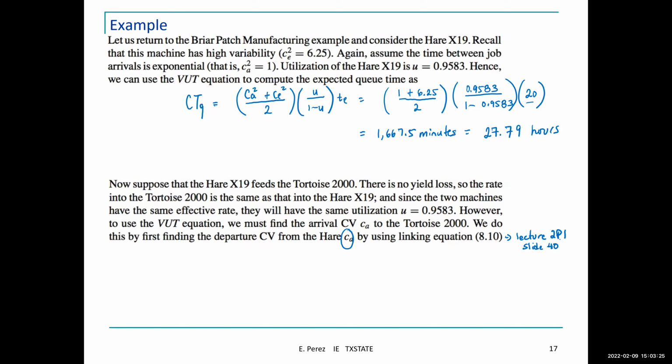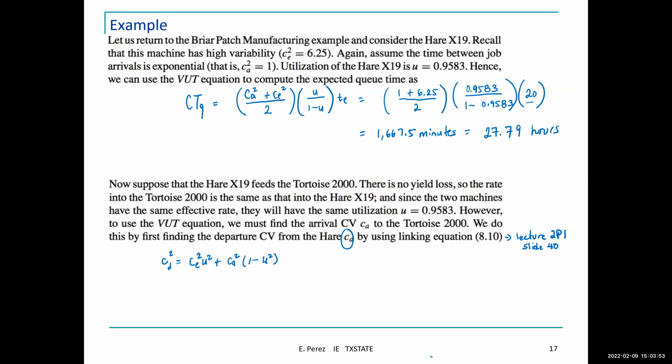In that equation, the one we discussed at the beginning of the lecture, the coefficient of variation of the departure equals CE square times U square plus CA square times 1 minus U square.